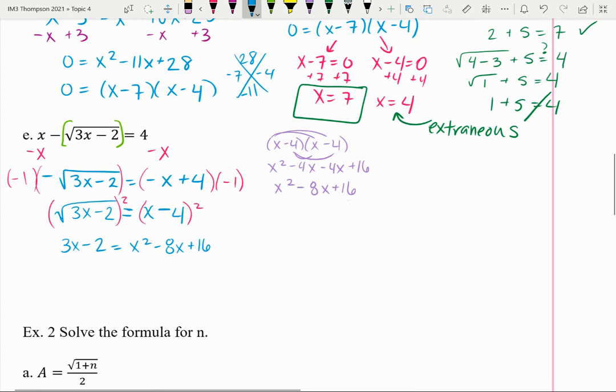I'm going to move everything to one side. Make sure I combine like terms. 0 is equal to x squared minus 11x plus 18.